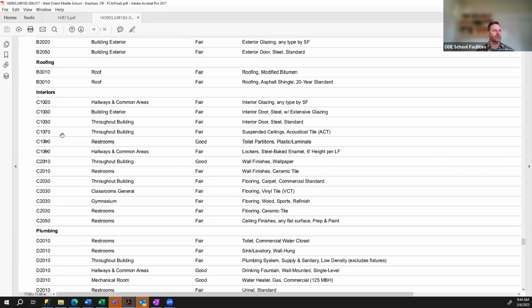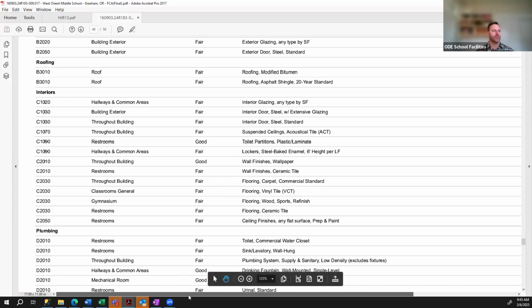Here's a better one. So interiors. On the summary, the district executive summary, it said everything was fair for the interiors. But you can see on here, restrooms are in better condition than other parts of the building, like the interior doors or ceilings, wall finishing, things like that.